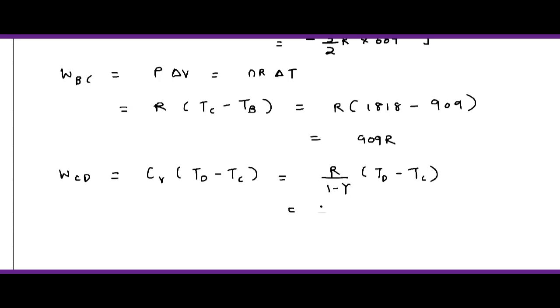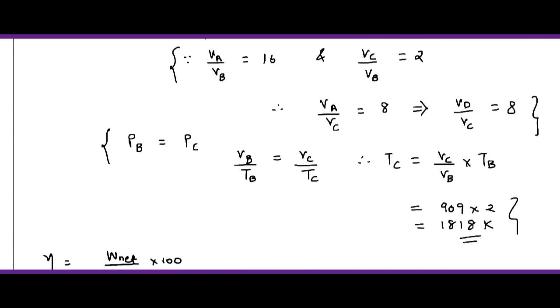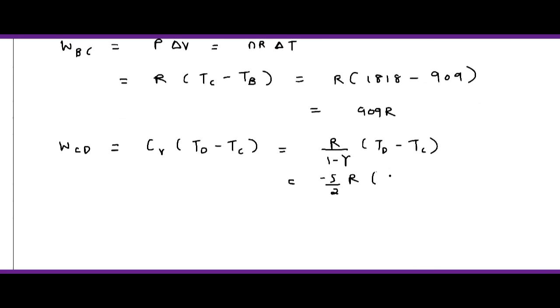This value is coming out to be negative 5 by 2 R into Td, calculated as 791, minus Tc, 1818. Solving this gives us plus 5 by 2 R into 1027 joules. So this is the work done from C to D, 1027 joules.